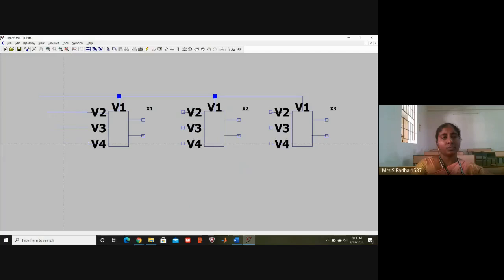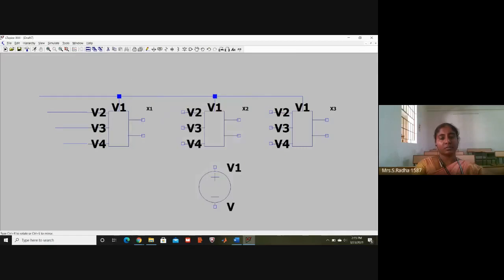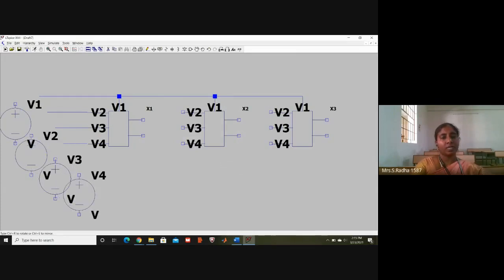So I need 4 inputs. I will take 4 voltages for this, from the normal components. This is for VDD, this is for the J input, this is for the clock input, and this is for the K input.